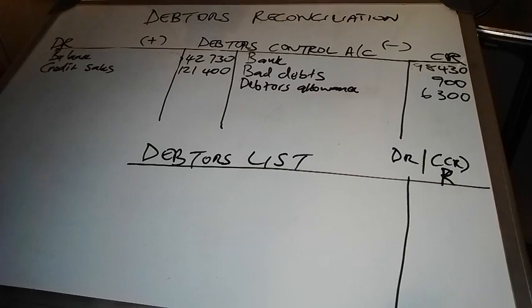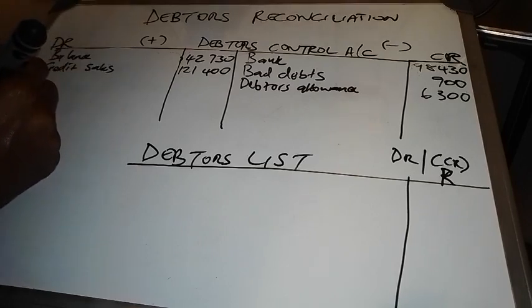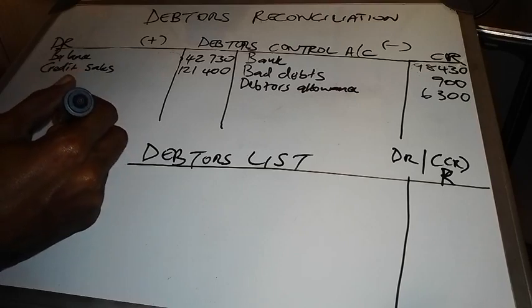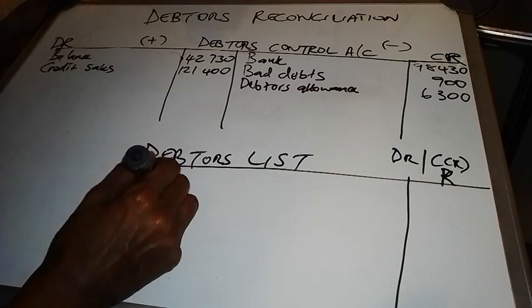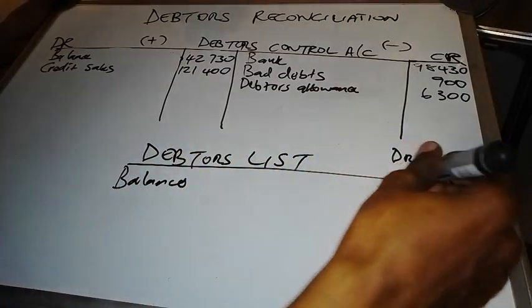Now, additional information. On additional information, they say, in addition to the errors the bookkeeper made in the control accounts, an investigation revealed the following. Number one, the total of the debtors list on 30th November, according to the debtors ledger, was 59,340. So we're going to write the balance right here.